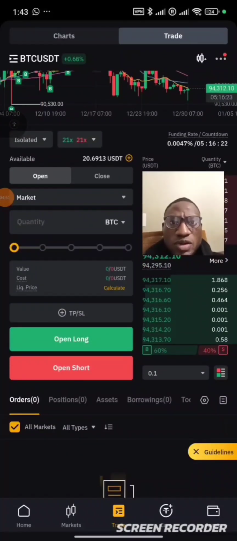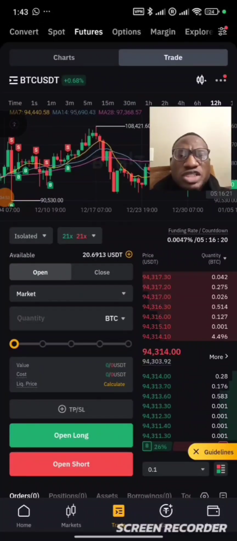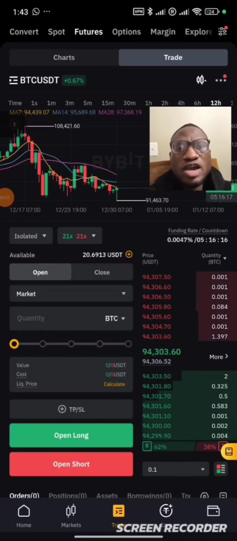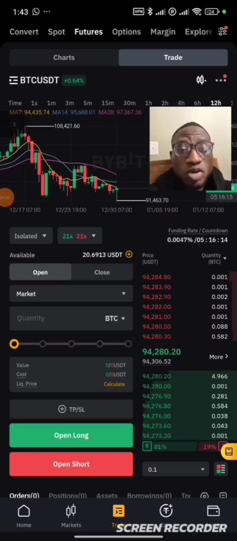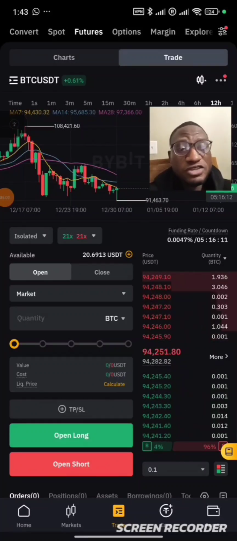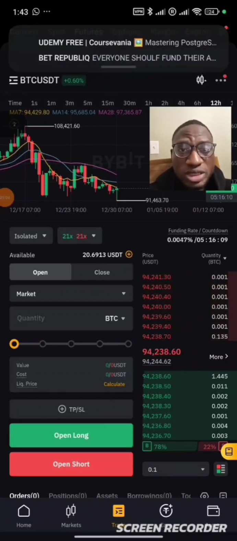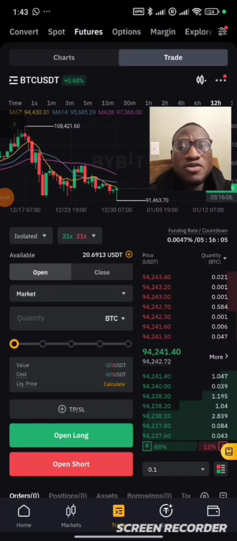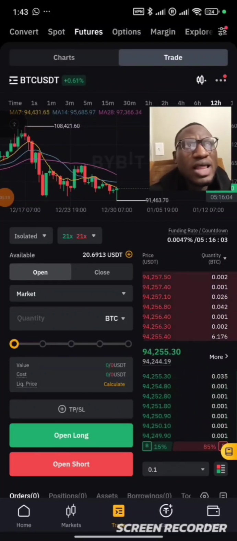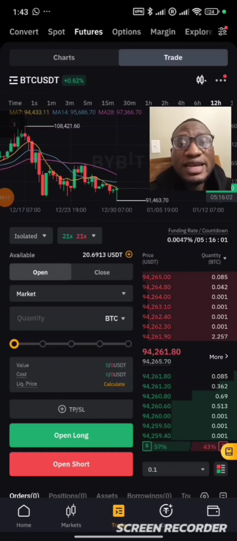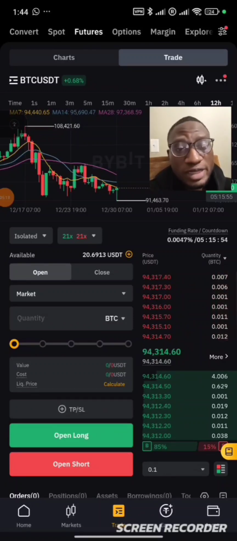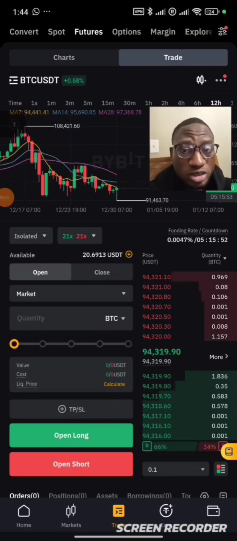Okay, so the question now, what is futures trading? We have different forms of trading on crypto: spot trading, futures trading, margin trading, options and the likes. But futures is basically leverage trading. The exchange is borrowing you more money to hold a particular position.